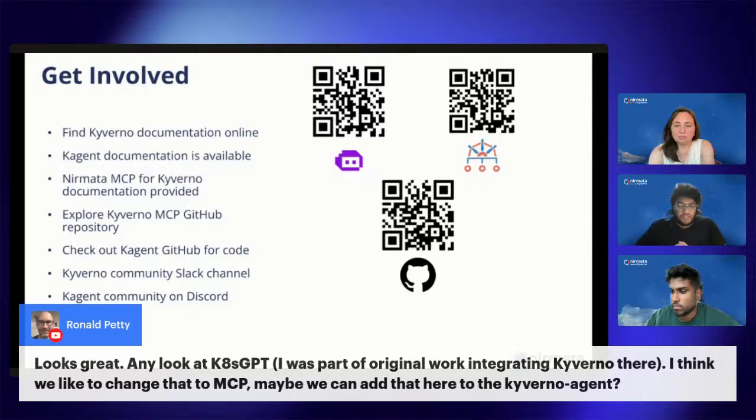The best part about an MCP server, like I explained earlier, is you can plug and play wherever you want. So if you're creating a customized kagent yourself, you can integrate K8sGPT with that specific kagent that you build, and it should work just fine. So it's no problem whatsoever.